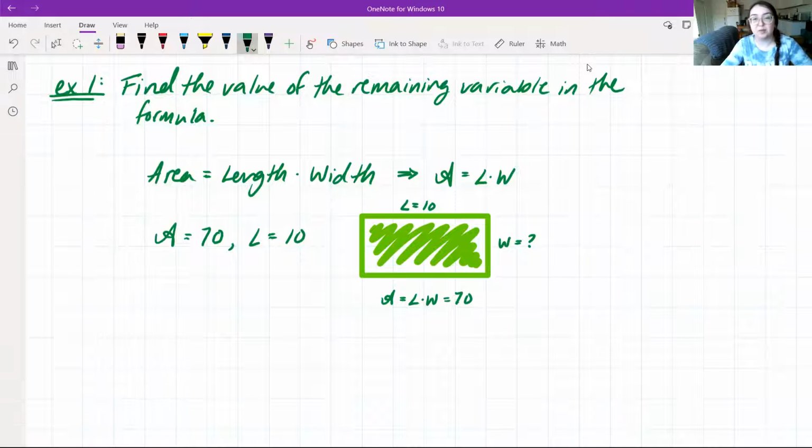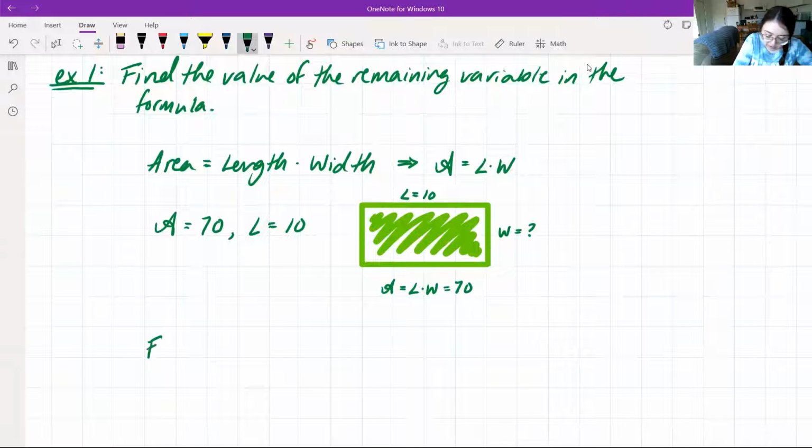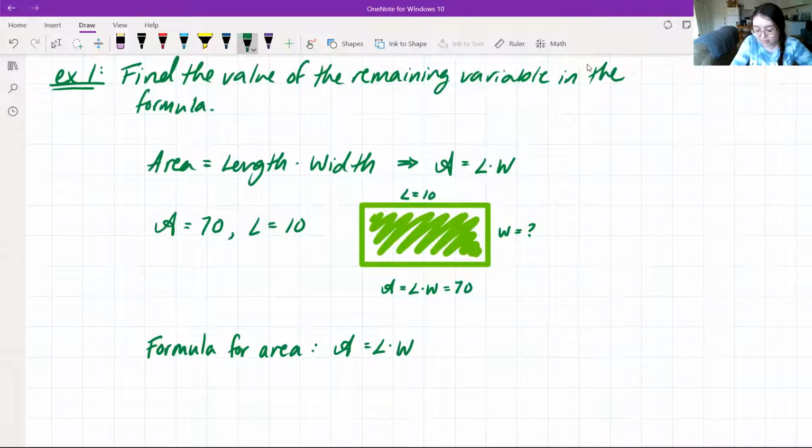So we have our formula for our area. We know that the formula for area is area, so A is equal to length times width.